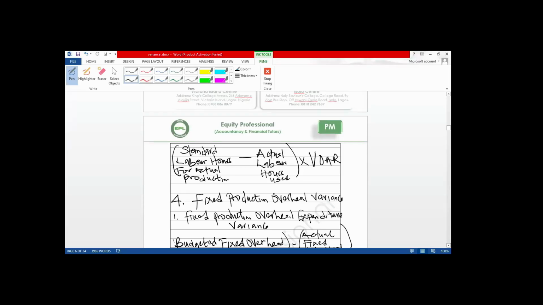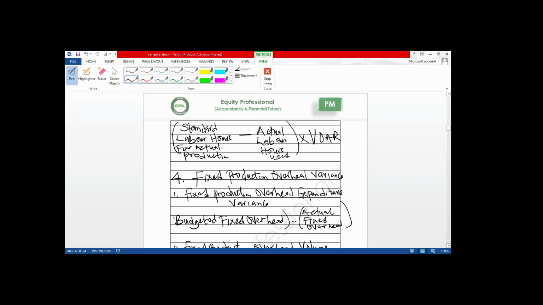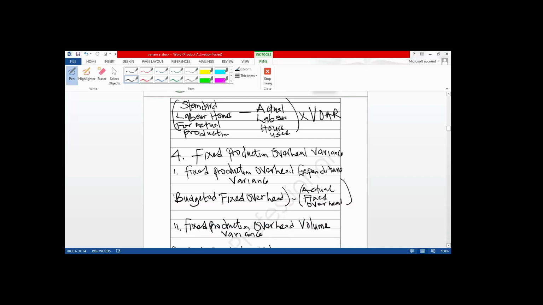Roman figure 1, fixed production overhead expenditure variance. This is the difference between projected fixed overhead and actual fixed overhead.